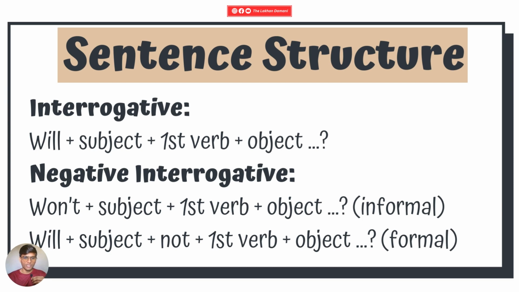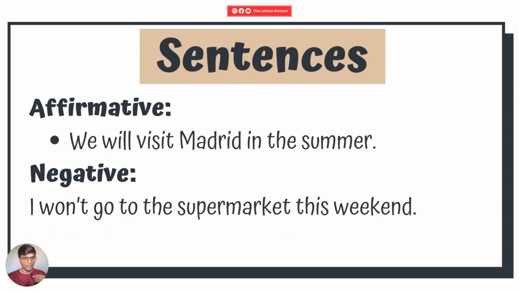So: won't, subject, first form and object, but will, subject, not, first form. Remember, the informal is the most common one you hear, but the formal one you cannot hear a lot because it's not that common. All right. Moving further, sentences.